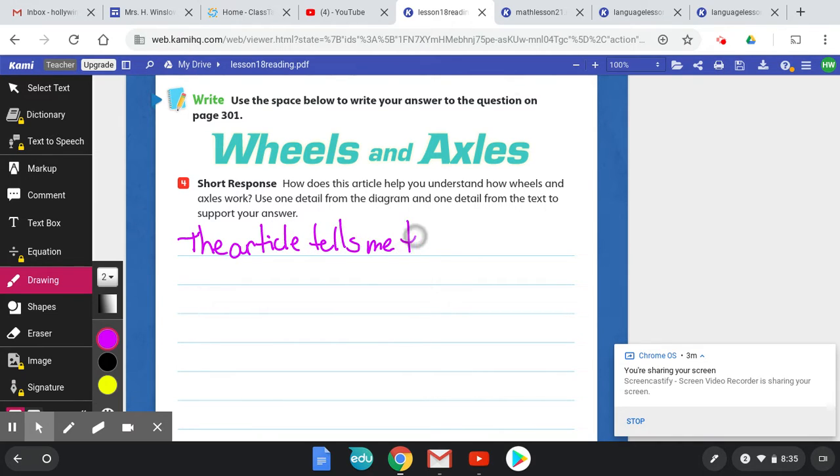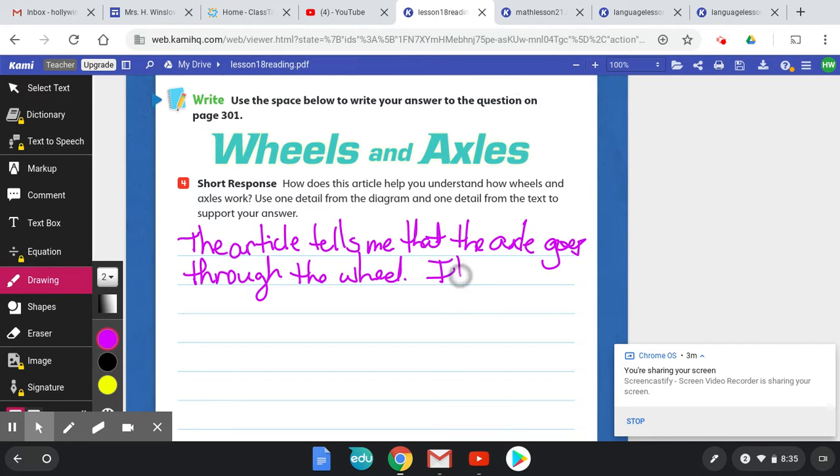tells me that the axle goes through the wheel. It says that when the axle turns, so does the wheel.